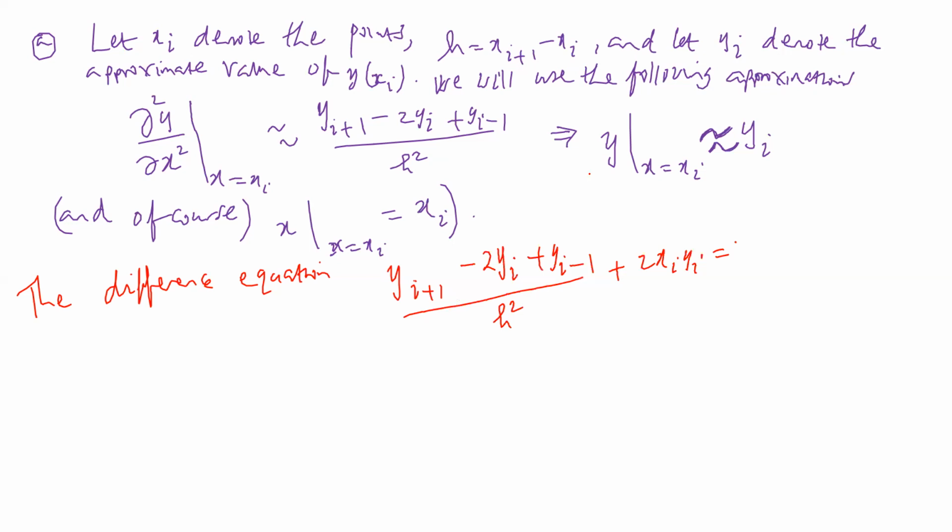And therefore, this here equals 2. So what have we done? In other words, we just converted the d squared y dx squared plus 2xy equals 2, and we've written this now in this format.